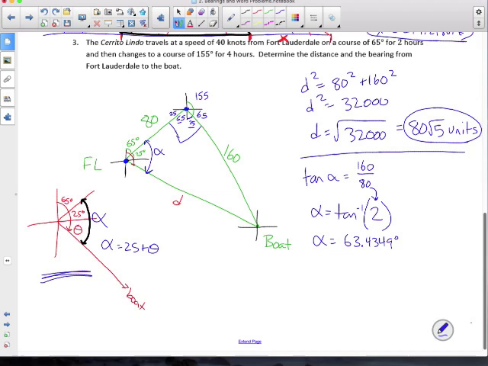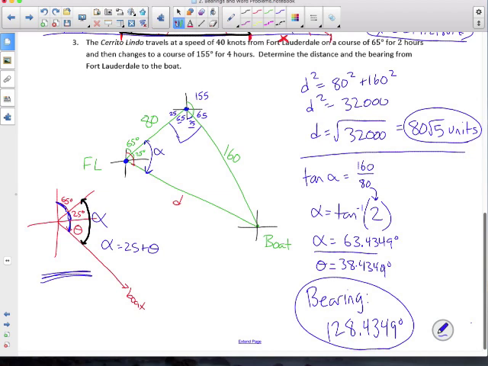So I can just subtract 25 from this and get that theta is going to be 38.4349 degrees. And I know that my actual bearing is going to be 65 plus 25 plus that theta value that we just found. So the actual bearing we're searching for, all of those added together, is 128 degrees.